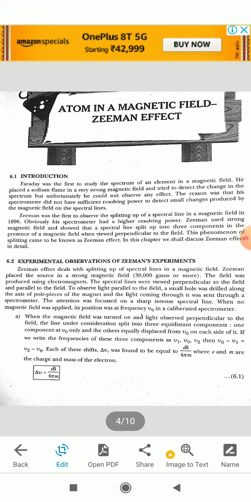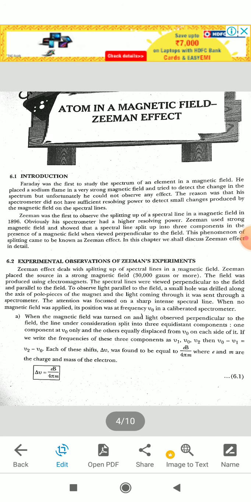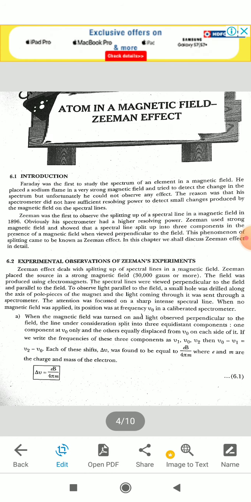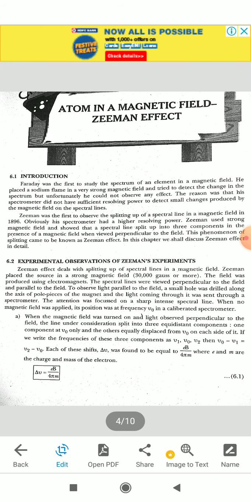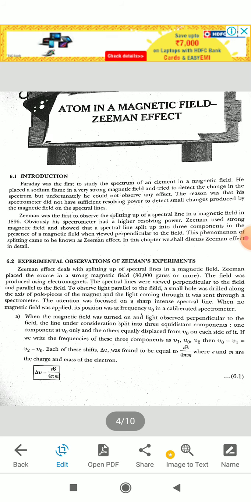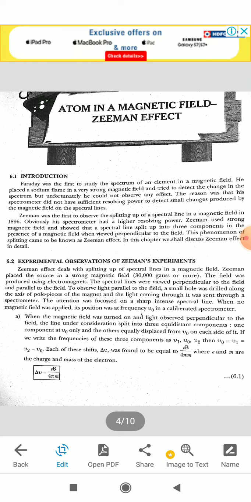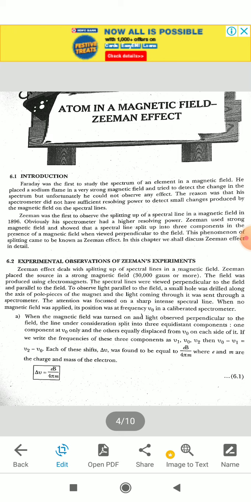But after that, Zeeman was the scientist who first observed that when spectral lines pass through a magnetic field, with a high resolution spectrometer the spectral lines split up into components, and he observed three components and more than three components.